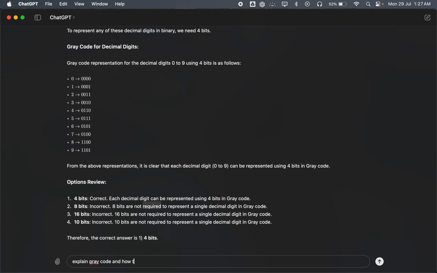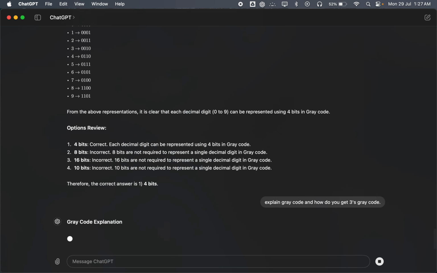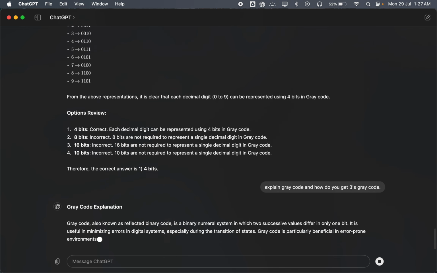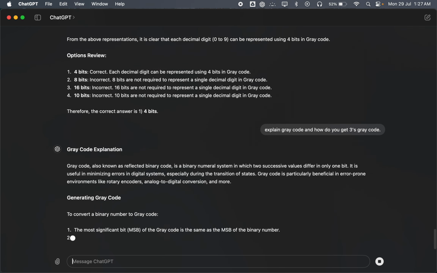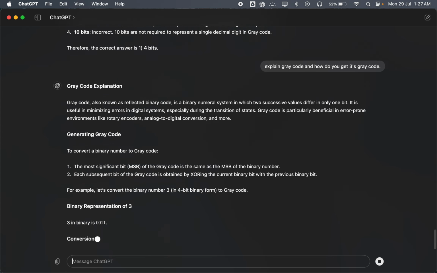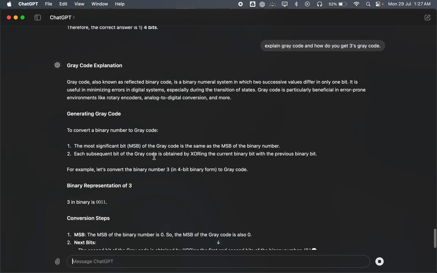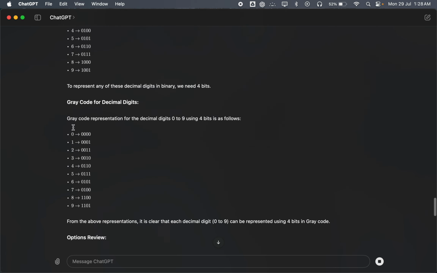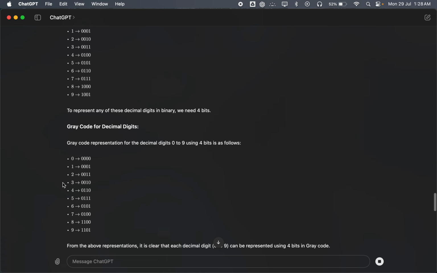And how do you get it? The way to get the Gray code for 3 is we first have to get the binary equivalent of 3.